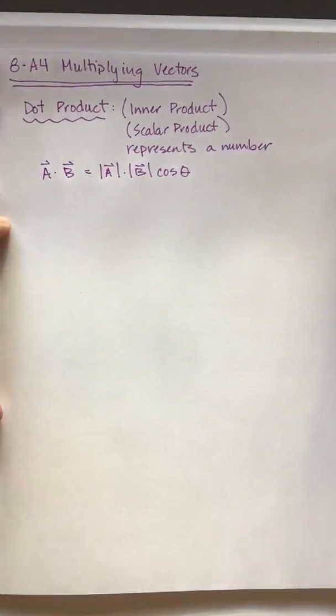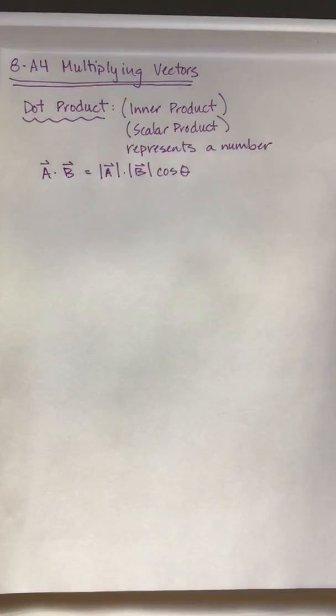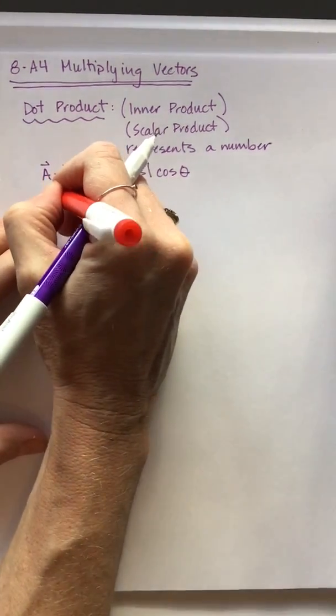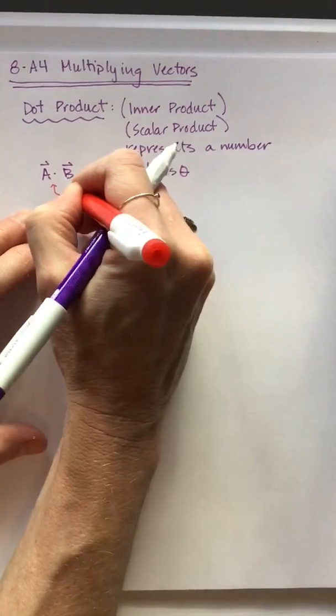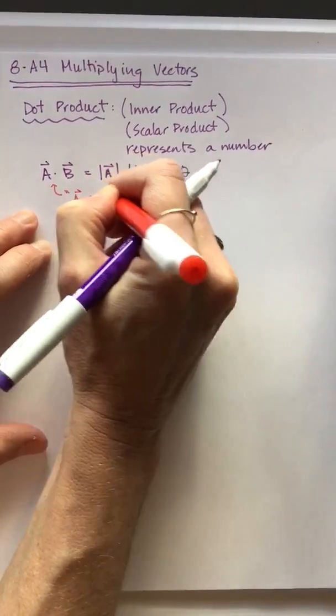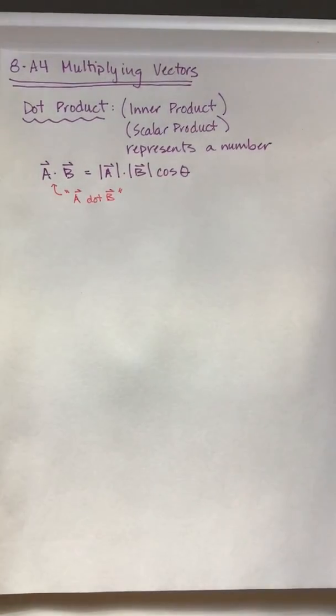And be sure to use the right language: we don't usually say vector A multiplied times vector B. You would actually say A dot B. So that's how you would say that.